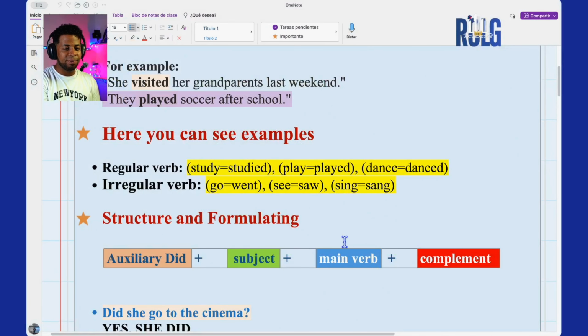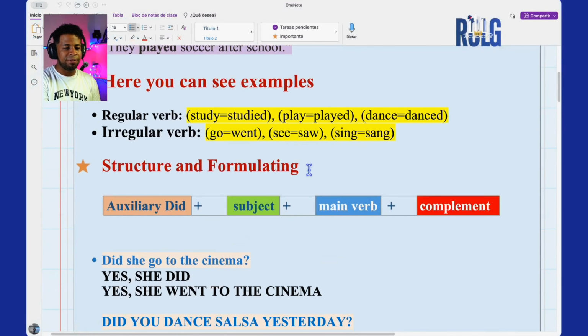And in this part, we have the structure and formula. This is the way we can use it for asking in past tense. Listen to me. We have here auxiliary did plus subject plus the main verb.